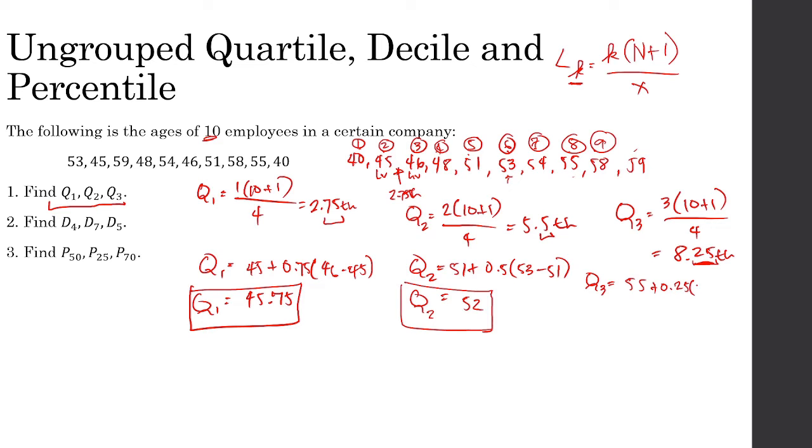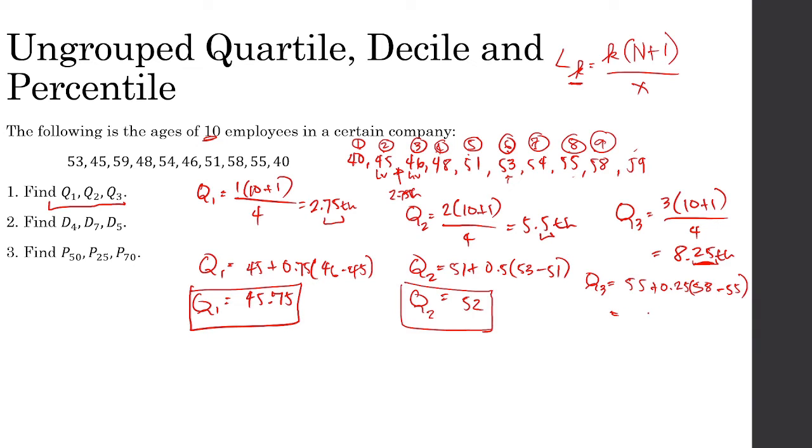Then we will have our higher value, which is 58 minus 55. So we will have 3. Tama ba? 58 minus 55 will be 3. Then we just need to multiply that by 0.25. So that will be 0.75.